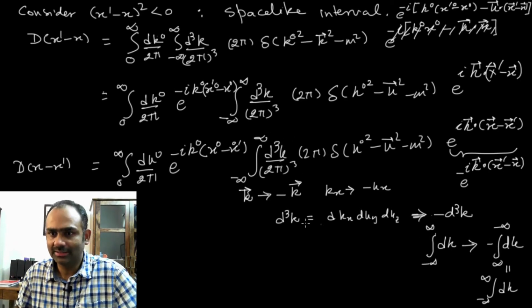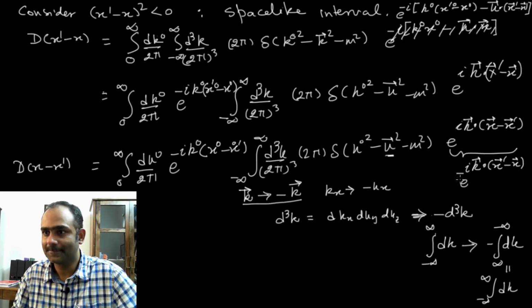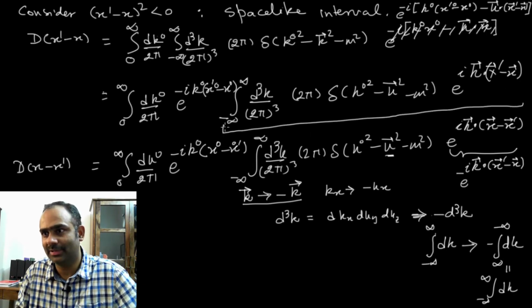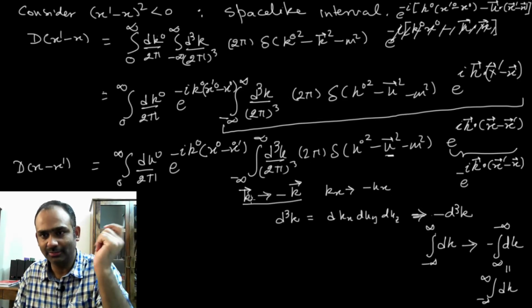So under the k going to minus k replacement, this remains the same, this remains the same because this is squared. This gets changed, you get a plus sign here, which is what you had earlier for d of x prime minus x, so it becomes the same factor like this. So from here to there, you get exactly the same if you change the variable from k to minus k.